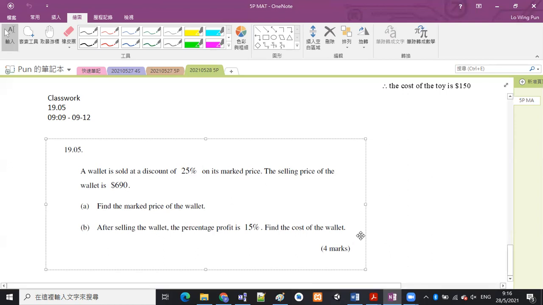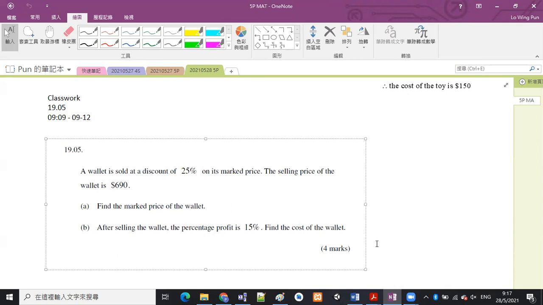Okay, let's check the answers. So in question number 19.05, a wallet is sold at a discount of 25% on its mark price, and the selling price of the wallet is $690.